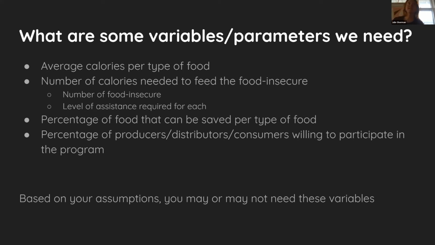So this is maybe some shrinkage factor that we have to consider. That could also be part of the point before it, the percentage of food that can be saved. How much participation are we expecting? Okay, great.